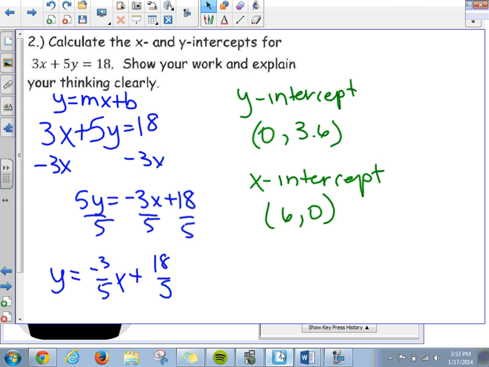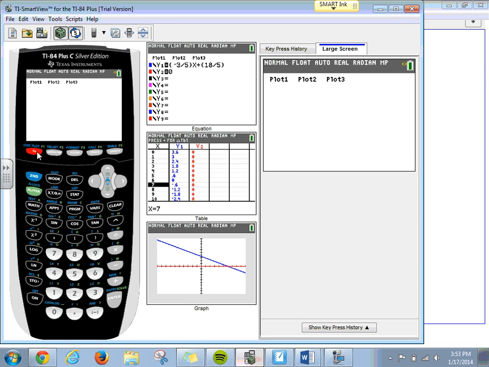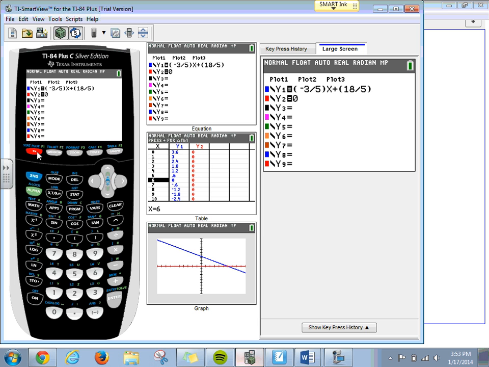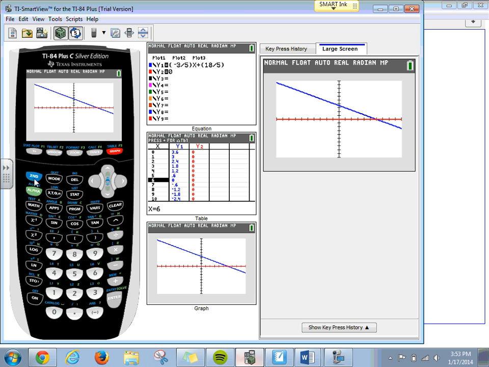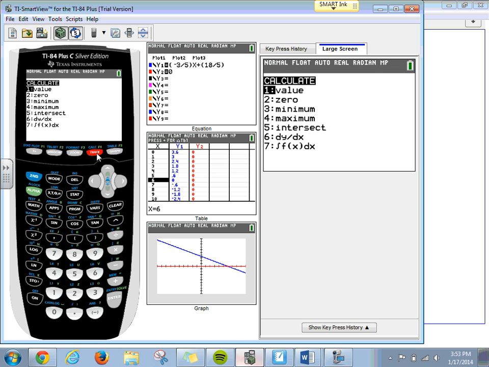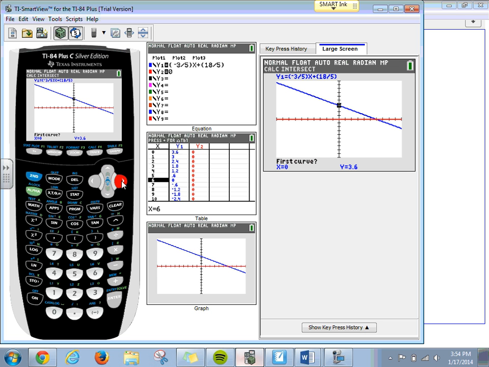So let me go back and double check it with that method I was showing you in your calculator. So we have 2 equations. We have the equation we put into intercept form, and we also have y equals 0. So we're interested in that intersection point. So if I go to second and then trace, I'm interested in finding an intersection. That's our 5th option. And then I'm going to bring my cursor down.